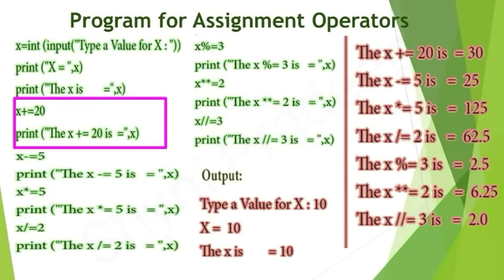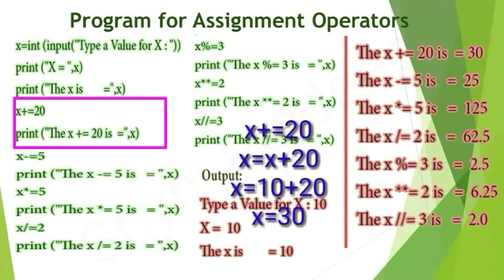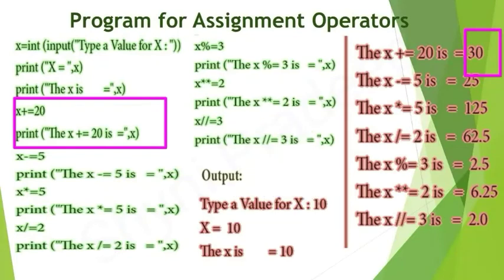X plus equal to 20 means you have to perform the addition operation and then assign that result to X. Which means first you add X with 20 and after that assign the result to X. That means X is equal to, what is the value of X? 10. 10 plus 20. So the result is X equal to 30. Now our new X value is 30.